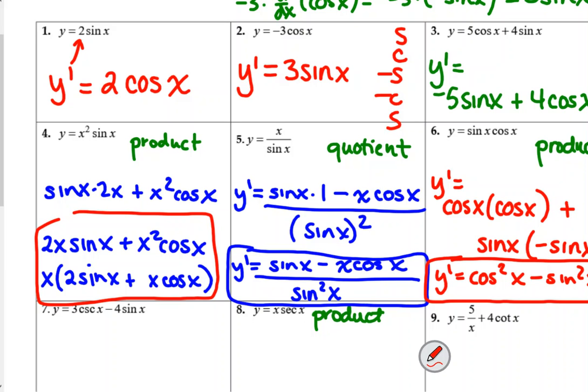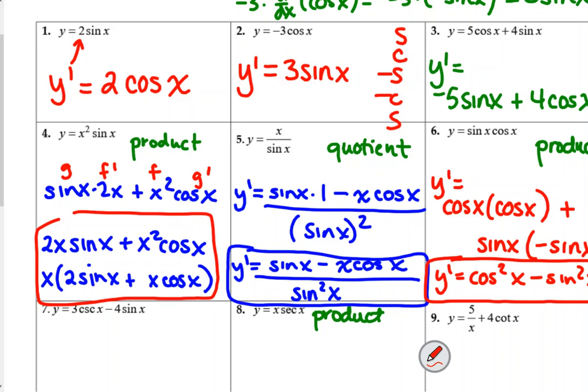X squared times cosine x. This is me showing g, f prime, f, and g prime.